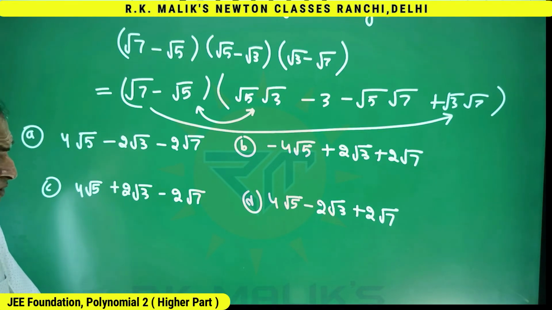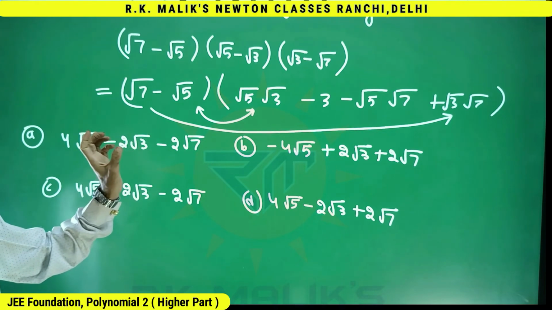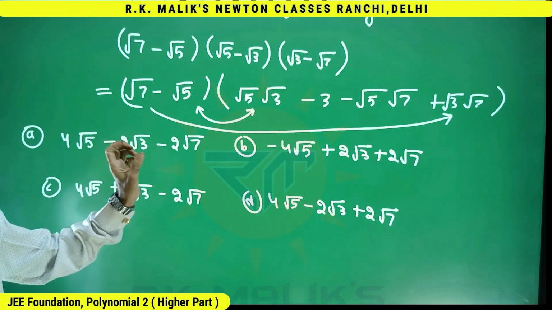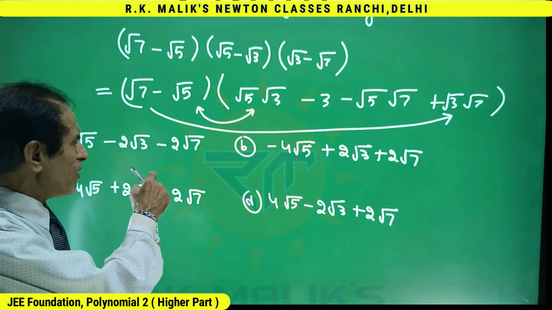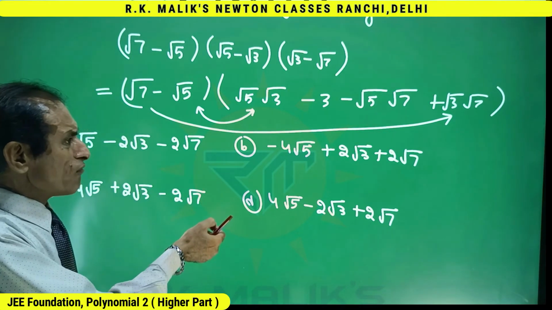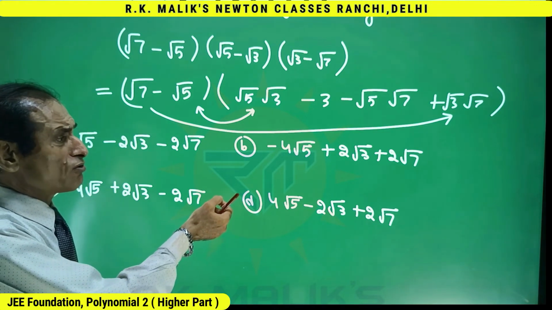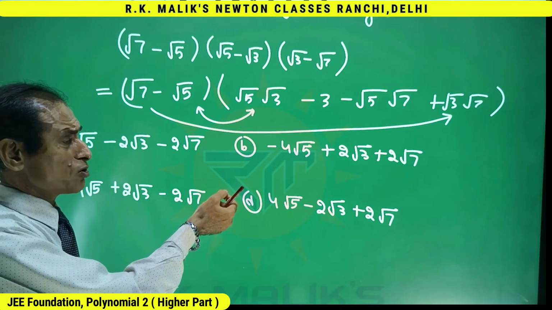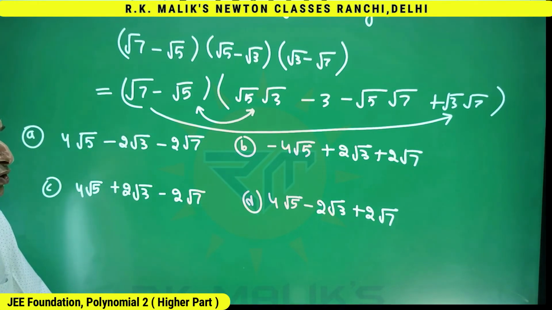See the smart thing I'm using, that I'm not doing the full multiplication because I want to concentrate only on those terms in which root 3 is present, because I want to check the coefficient of root 3, positive or negative. I could concentrate upon the coefficient of root 7 also.